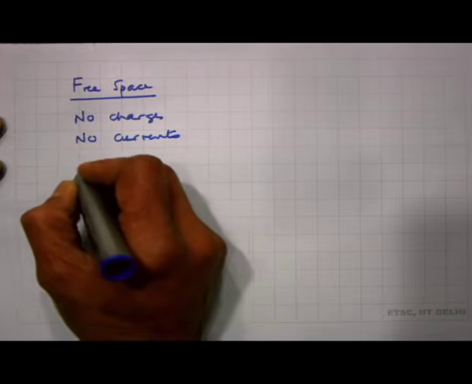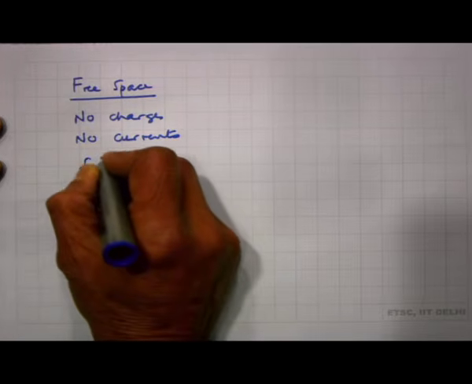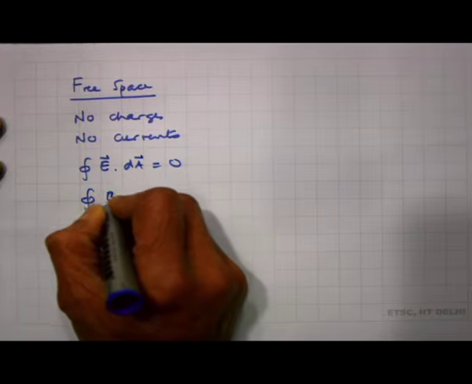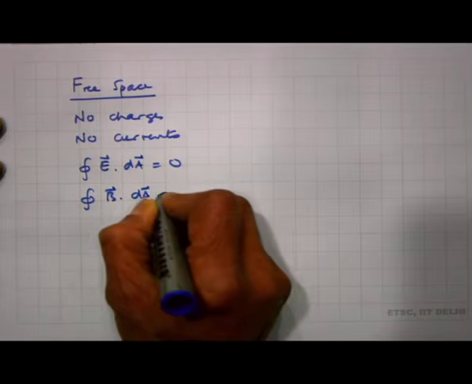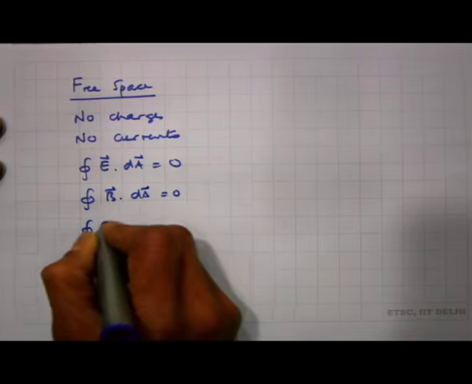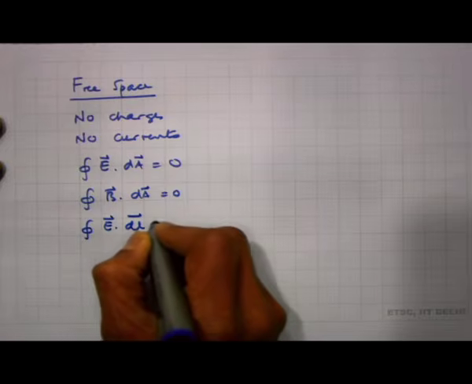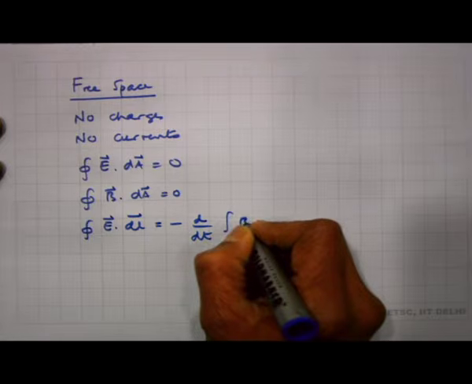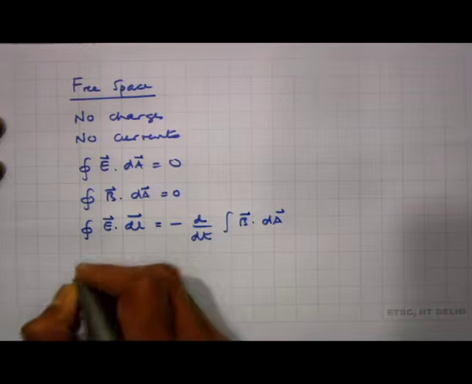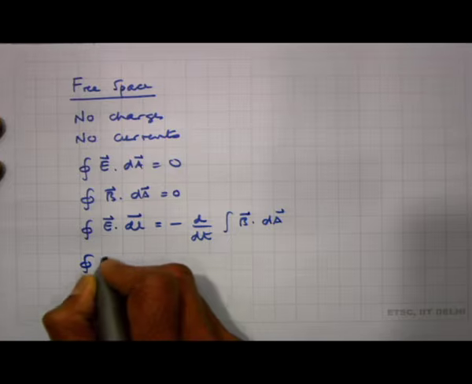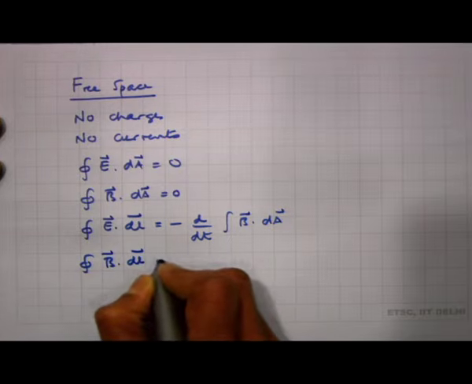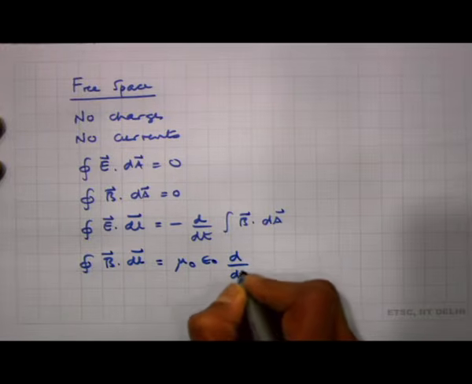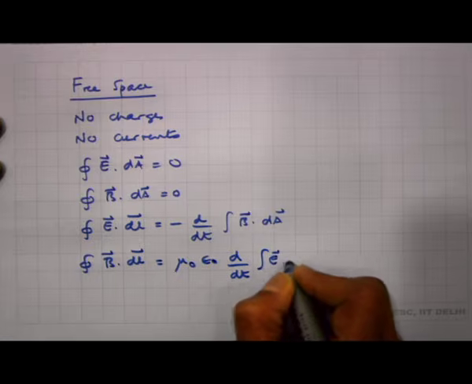So, the electric field and magnetic field satisfy the following equations: integral E dot dA is equal to 0, integral B dot dA is equal to 0, integral E dot dL is equal to minus d by dt of integral B dot dA, and integral B dot dL is equal to mu 0 epsilon 0 d by dt of integral E dot dA.